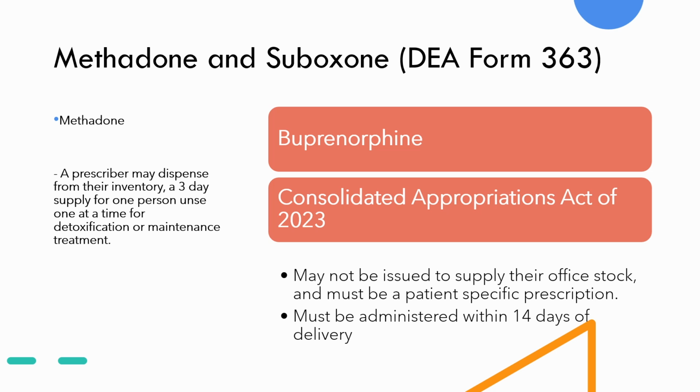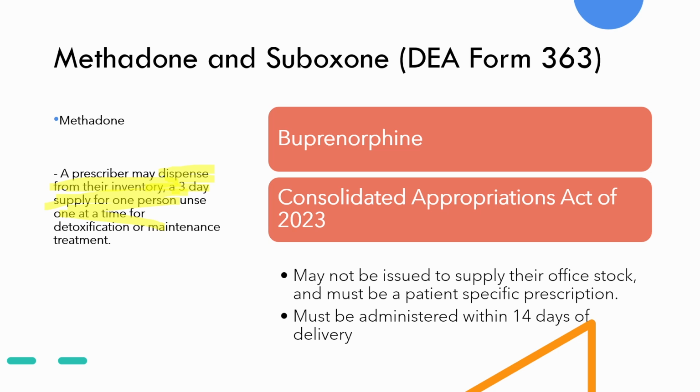So with methadone, this is an important blurb that I really want to hammer down. With methadone, the prescriber can only dispense. They cannot prescribe from their inventory unless they're in an opioid treatment facility, a 3-day supply for one person's use at a time for detoxification or maintenance treatment.